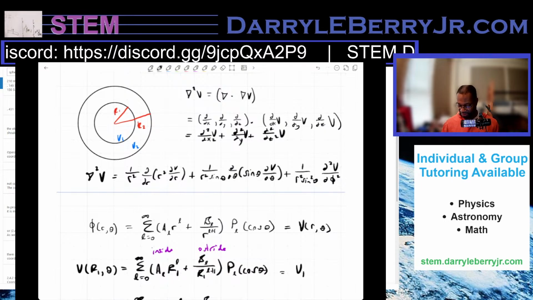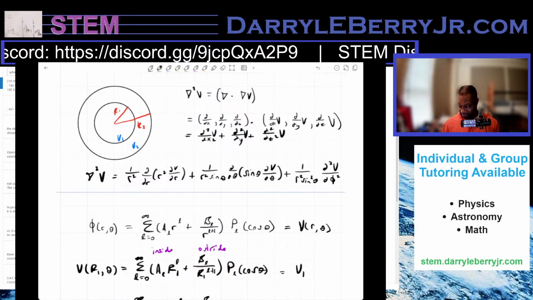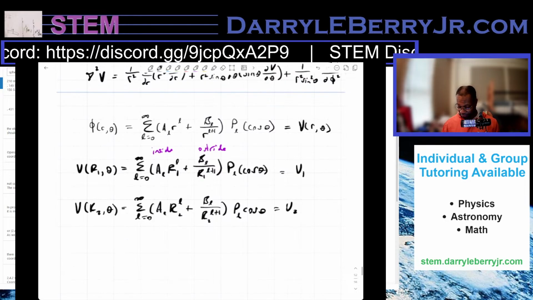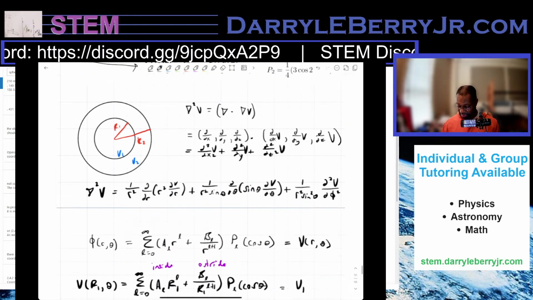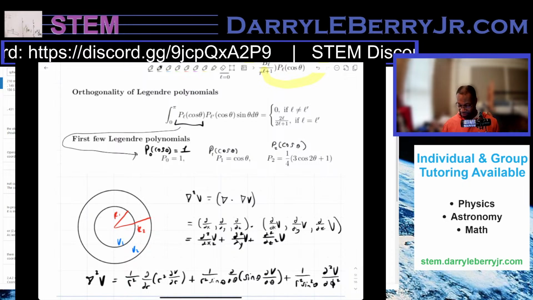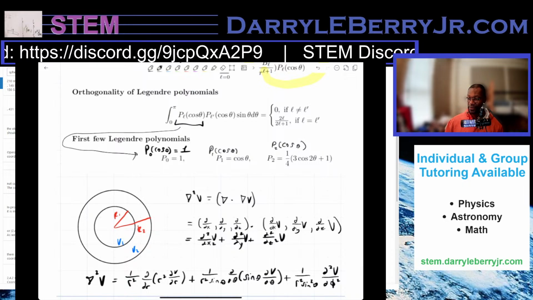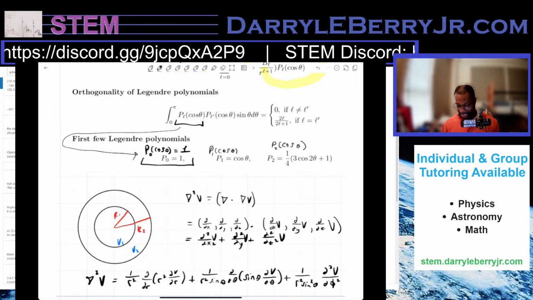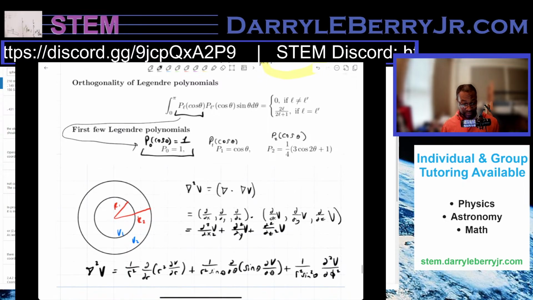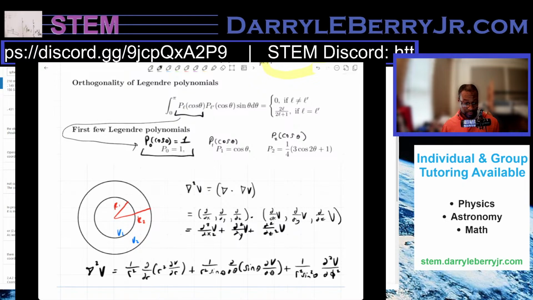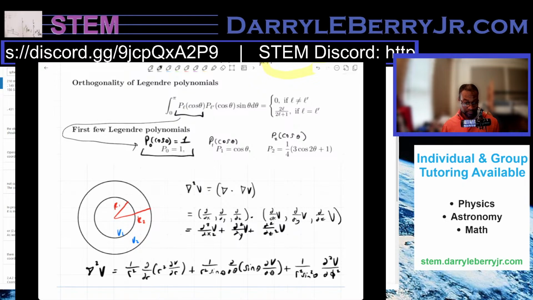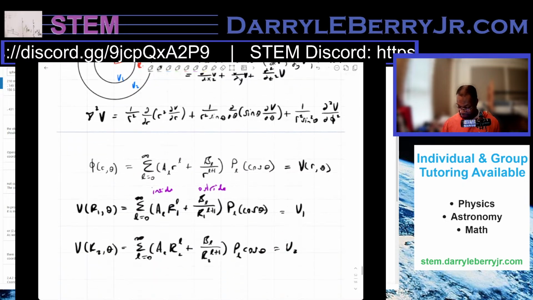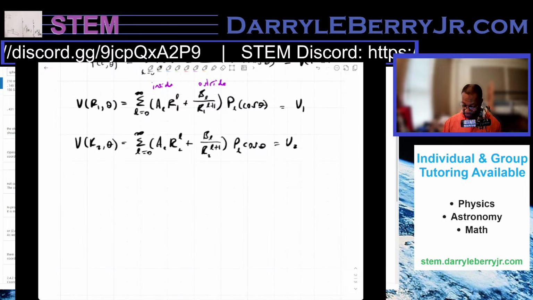That must be why it's not theta dependent. And the only Legendre polynomial that's consistent no matter what the angle is going to be the first one here. So that's how we know we have to have L equals 0 for this to work. So let's see how this works when we put in L equals 0.